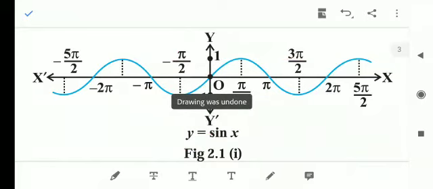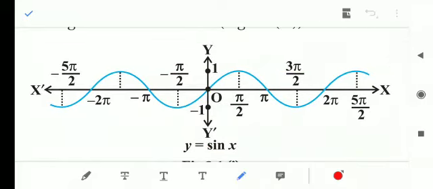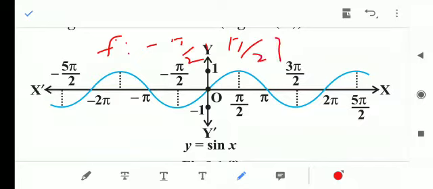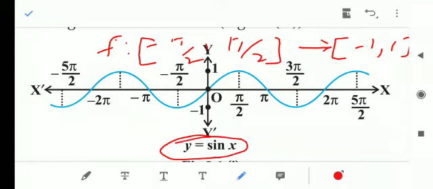So this function is taken from minus pi by 2 to plus pi by 2 to minus 1 to 1, and the function is y equal to sin x. Then the function is an invertible function.